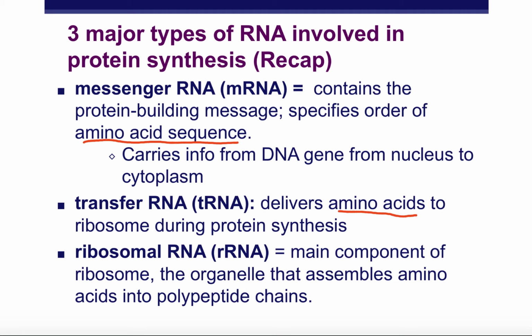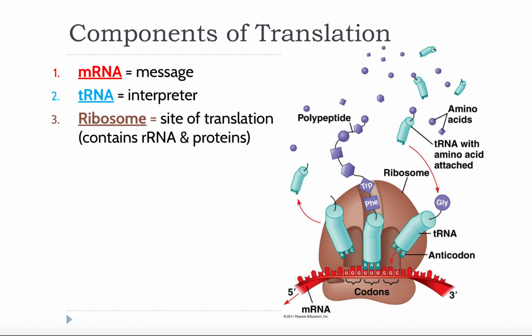All right? The ribosome mainly consists of ribosomal RNA. And we're going to go specifically into tRNA and ribosomal RNA today. Okay? So kind of like a rough recap, the mRNA is sort of the message, the instructions. My tRNA is going to interpret those instructions by matching those instructions to each unique amino acid.